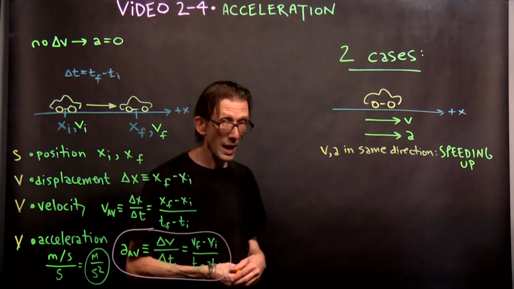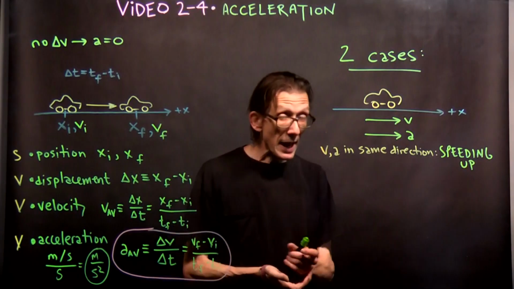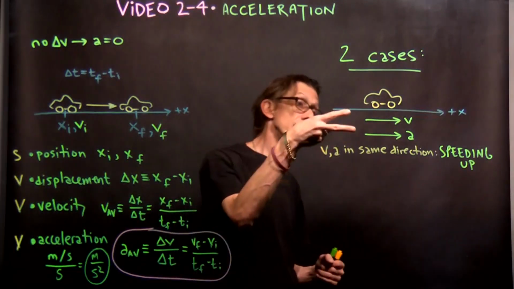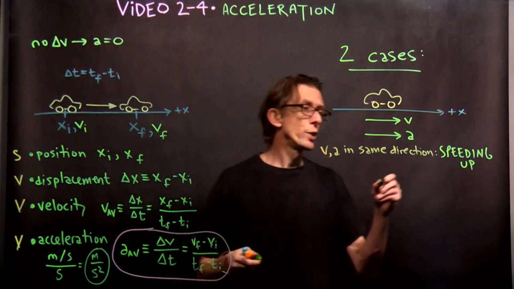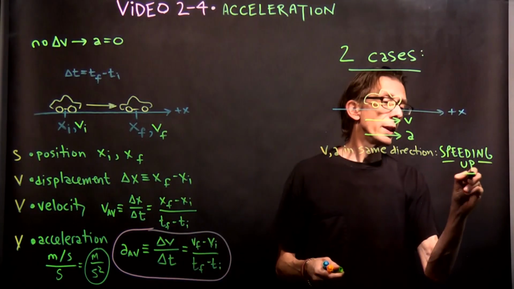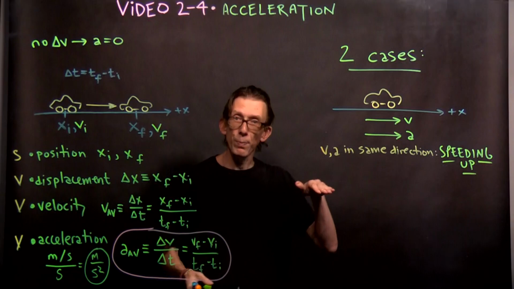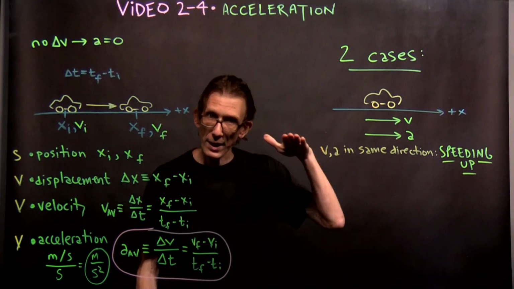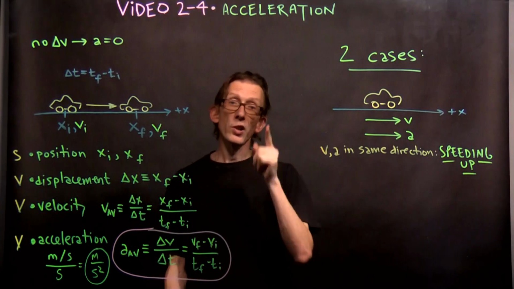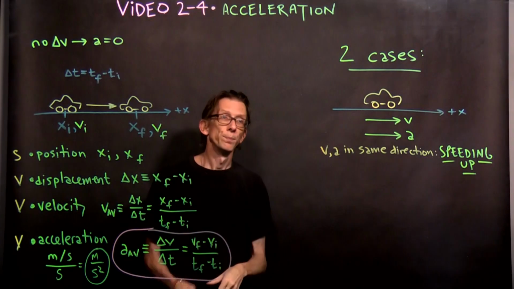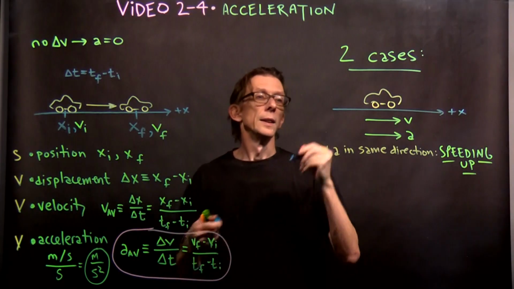Acceleration is not the same as velocity, but they can be in the same direction. In this case, they are. If they're in the same direction, the car speeds up. So when you're on the interstate, getting down off the entrance ramp, and you're speeding up and getting over a couple lanes, you're going faster and faster, your speedometer is going up like this, your acceleration and your velocity are in the same direction. Okay, that's the first case.